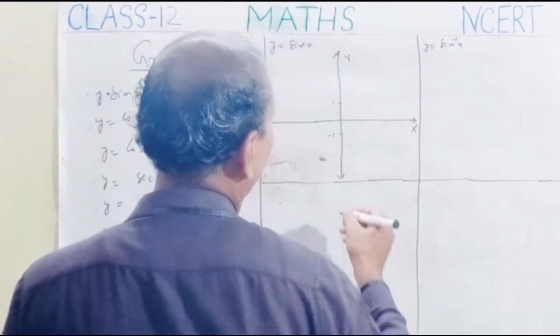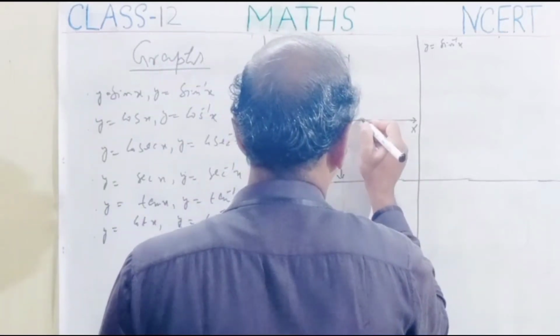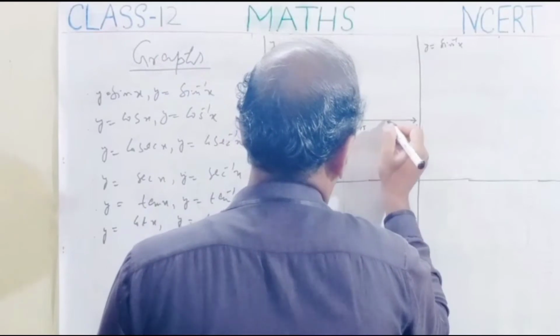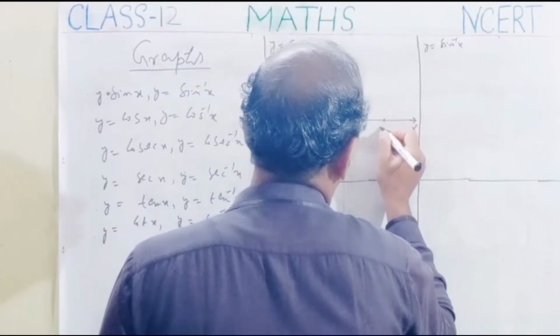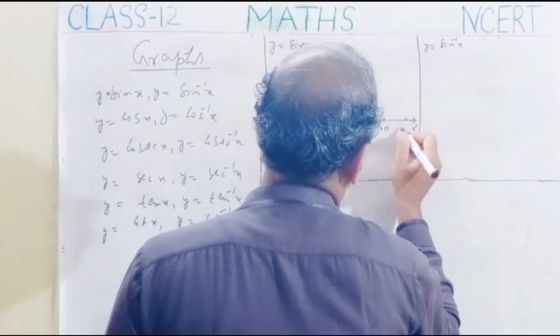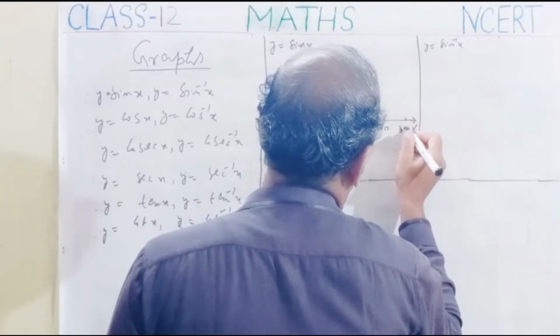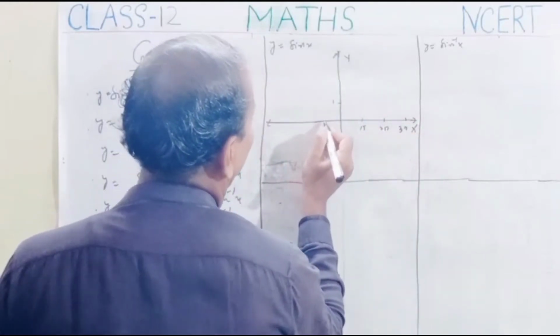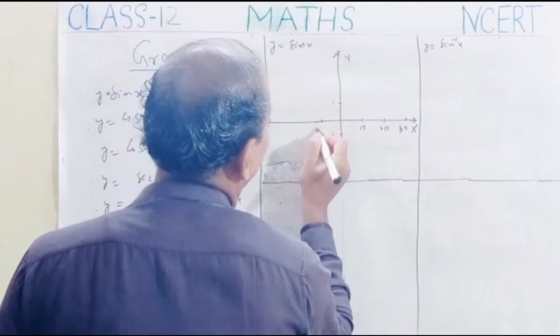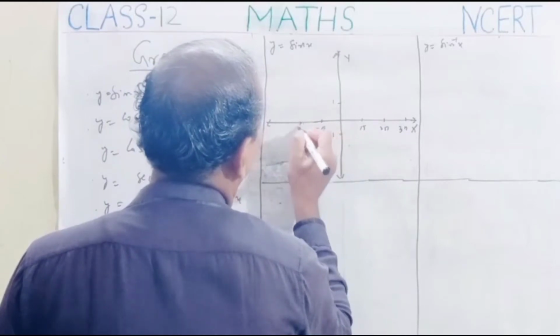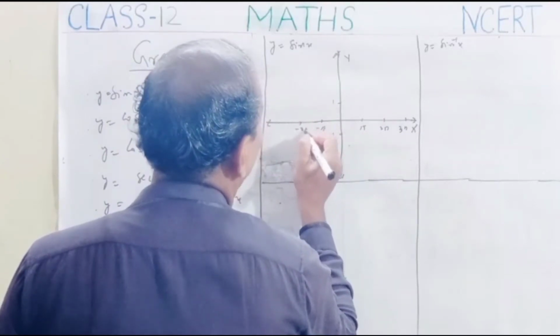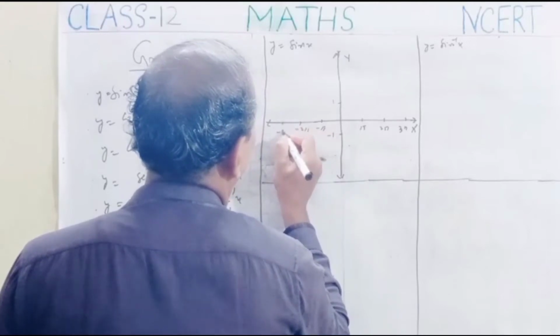I want to draw the graph of this one. So let's suppose this is pi, here 2 pi, and at this point 3 pi. Similarly here it is minus pi, here minus 2 pi, here minus 3 pi.